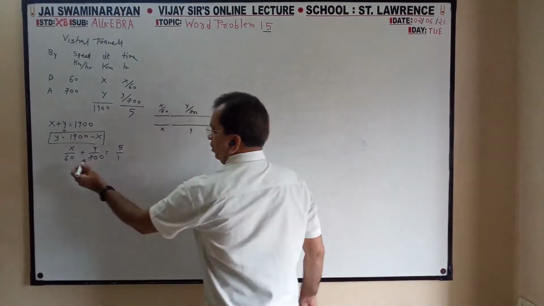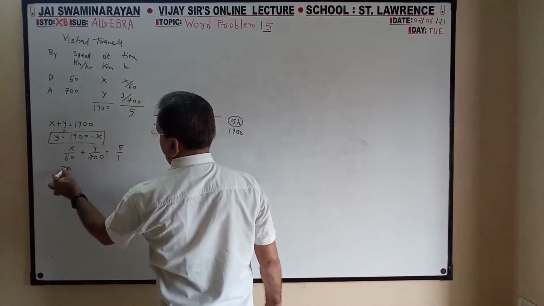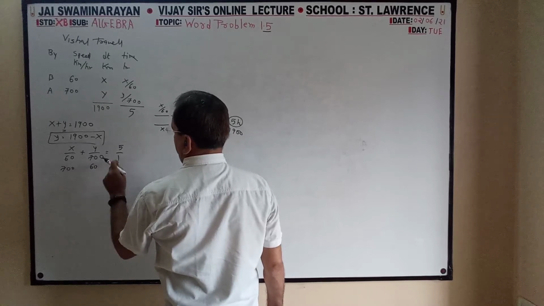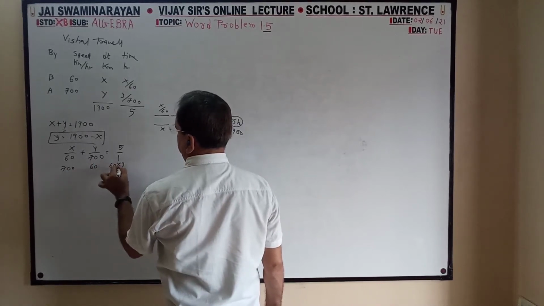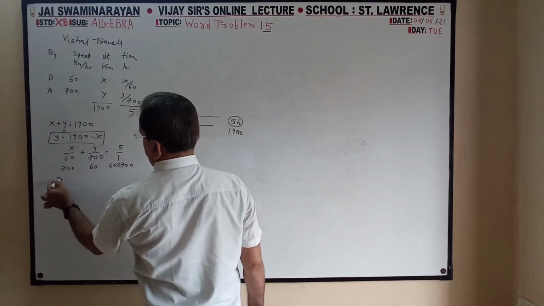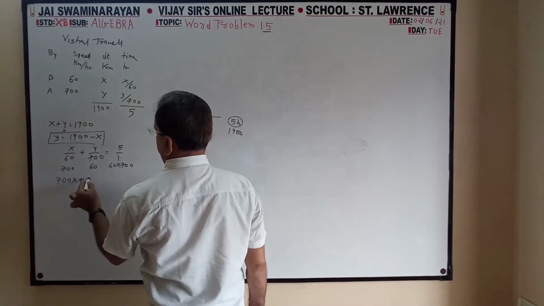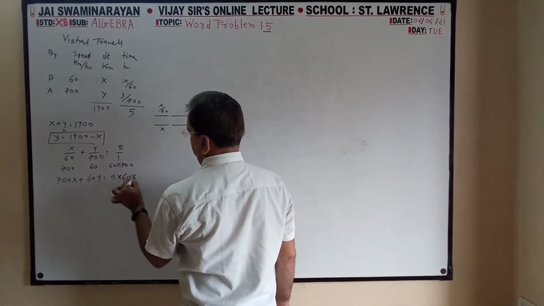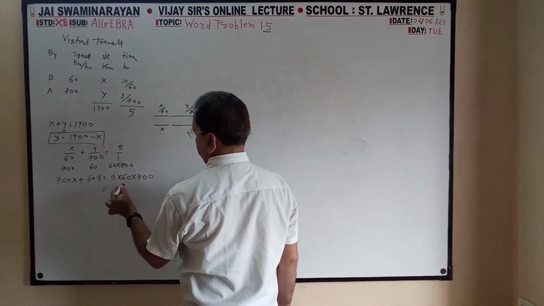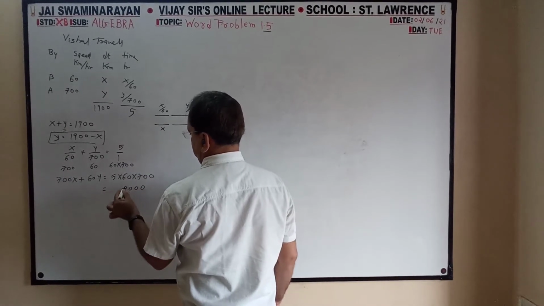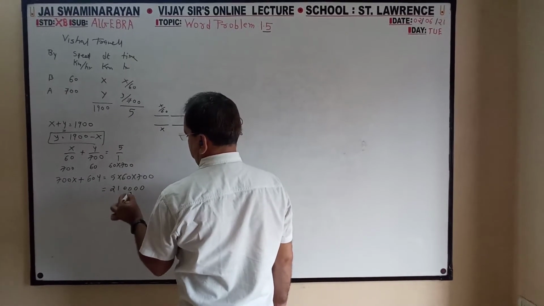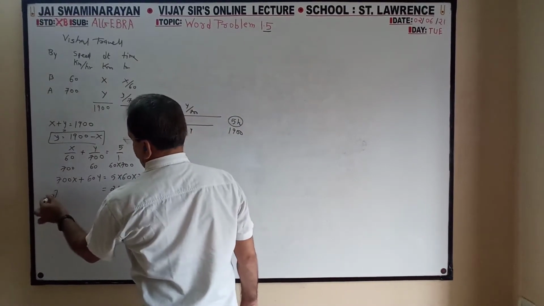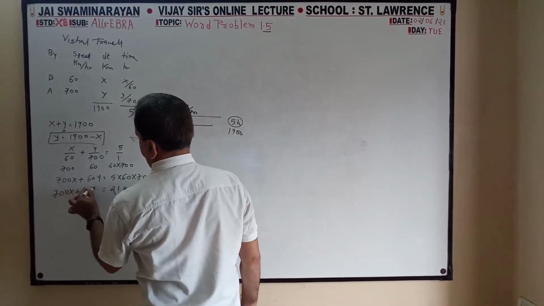Take the LCM of 60 and 700, the product of the rest, so 700x plus 60y is equal to 5 into 60 into 700.